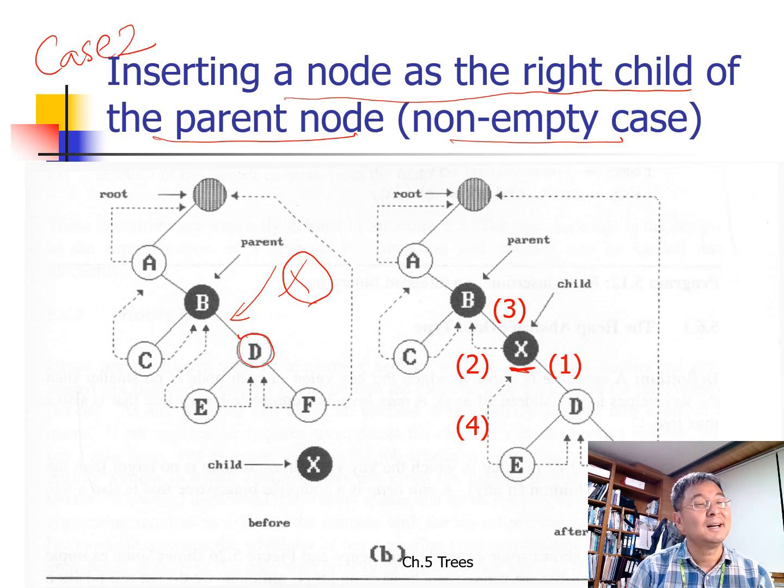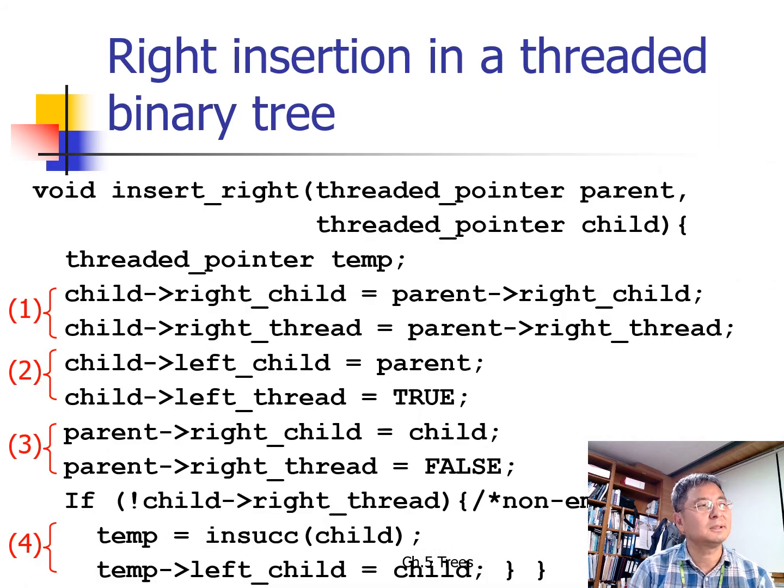Then what kind of values must be fixed? There are 1, 2, 3, 4 values that should be changed. This one is here, 2 is here, 3 is here, and 4 is here. So you must understand well.